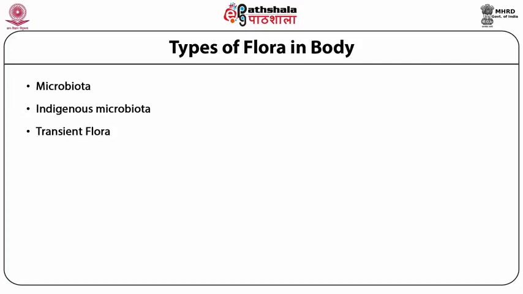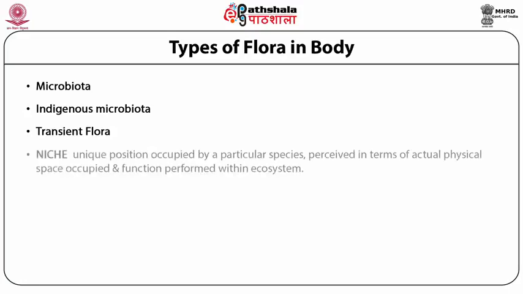But as soon as the disease condition is treated, they are removed by the indigenous microbiota from that site. So the site they occupy is termed a niche. So a niche can be defined as a unique position occupied by a particular species perceived in terms of actual physical space occupied and function performed within the ecosystem.